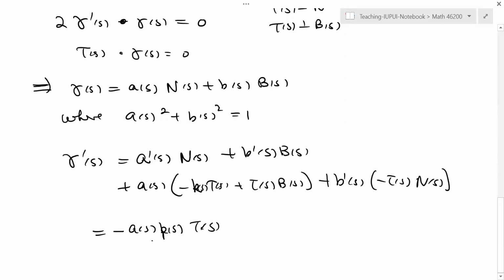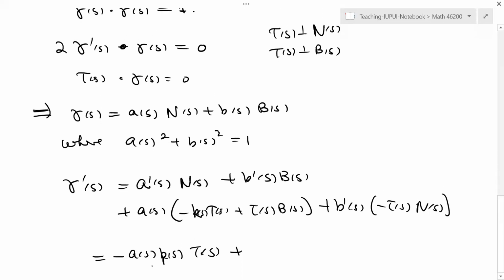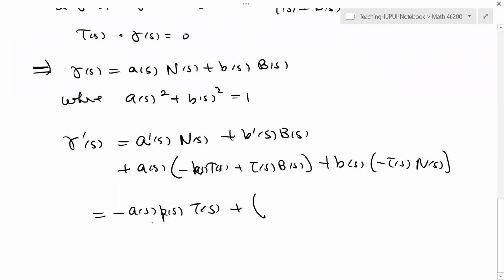How about the N? Coefficients of N, you have a prime(s) minus b(s)τ(s), so this will be N(s).